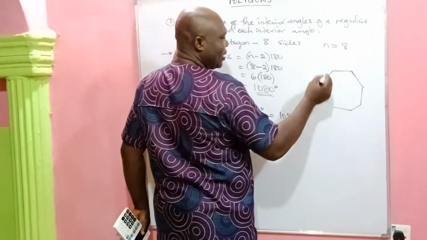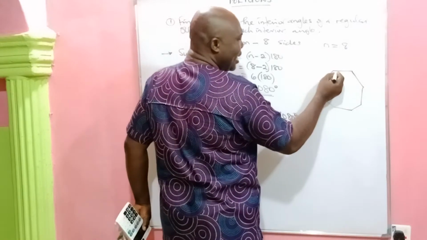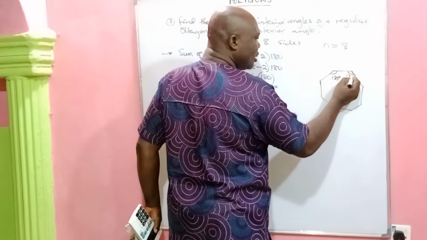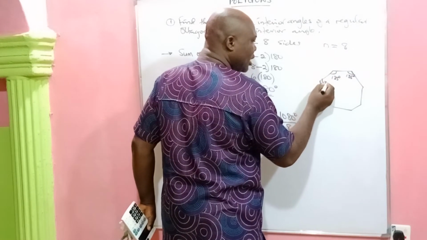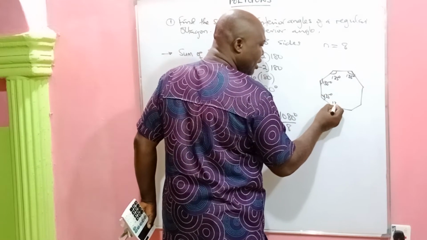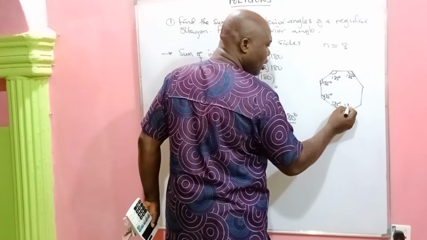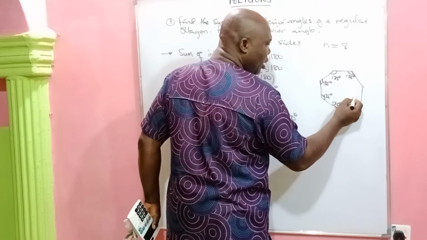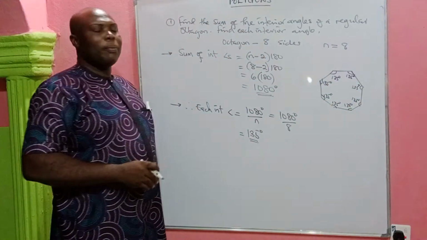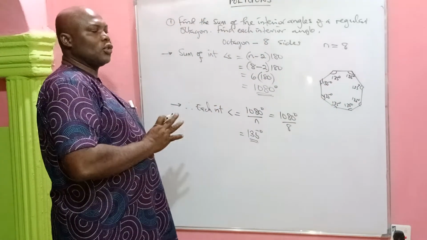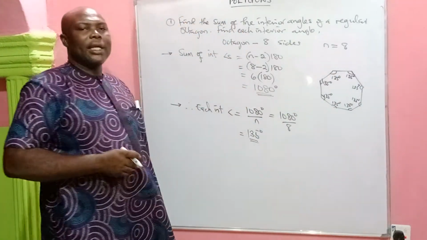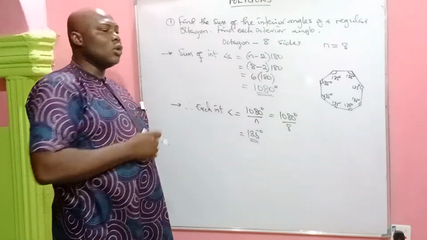Now what we mean is that if this octagon is regular, each of these angles is 135 degrees. Each of this is 135 degrees, and this one, and this one, and this one, and this one. So that is an example of a regular octagon. We have done that. So if we sum the whole of these interior angles, you have 1080 degrees. Please take note of that.